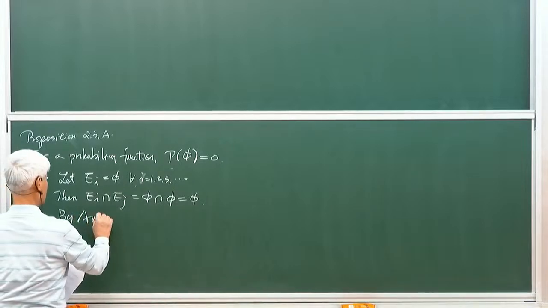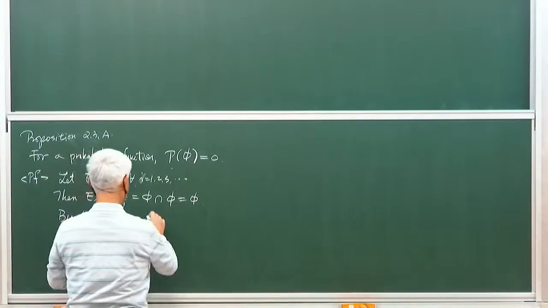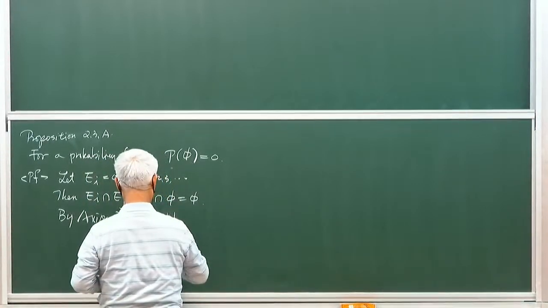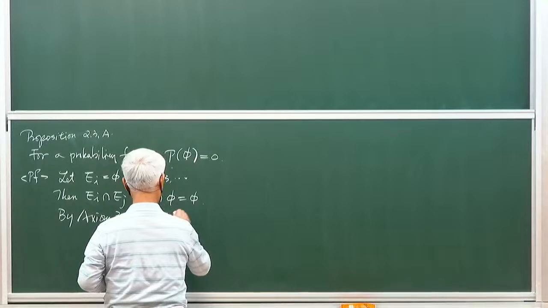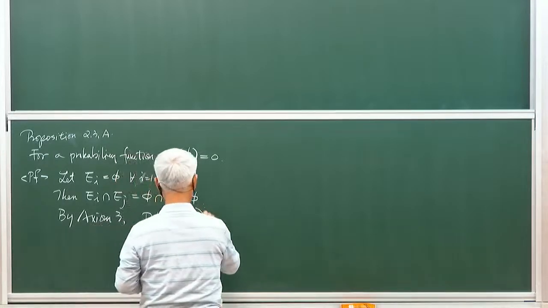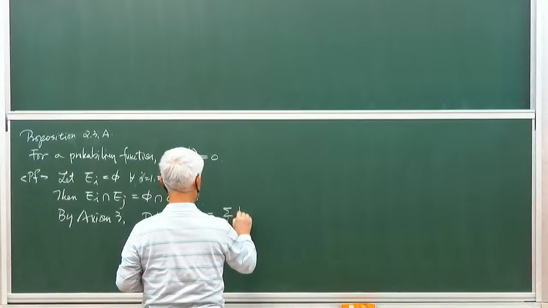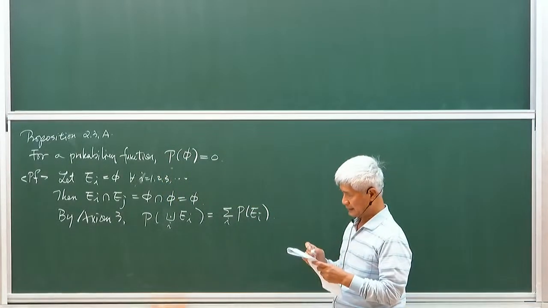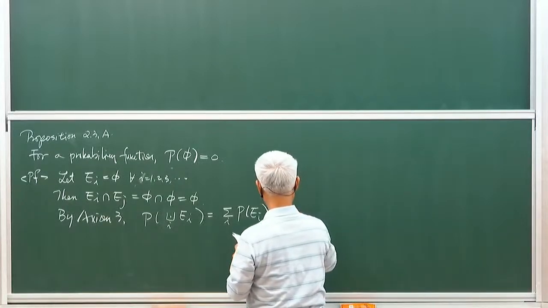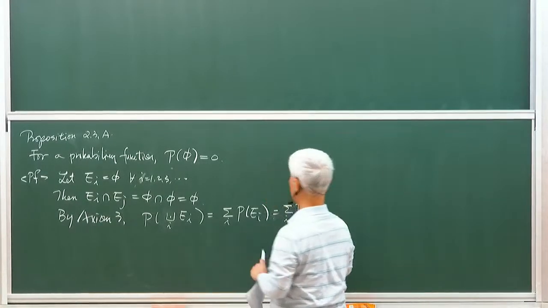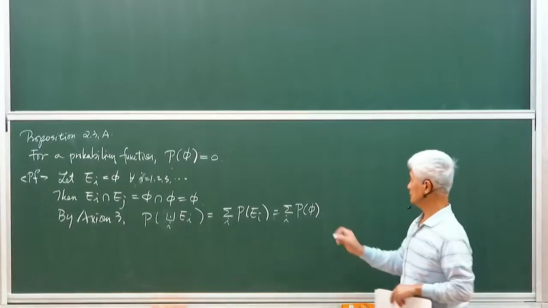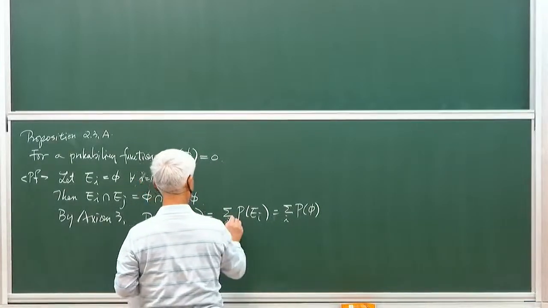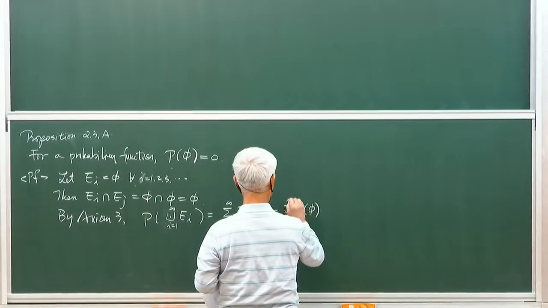So by axiom number 3, we know that the probability of the disjoint union is the summation of the probabilities. Maybe I will write it down here.